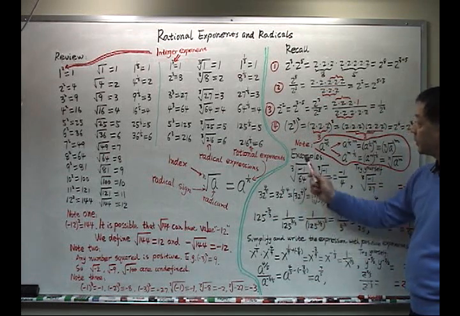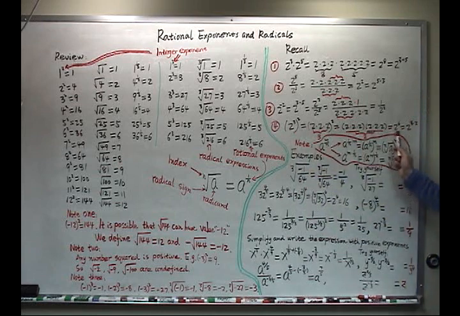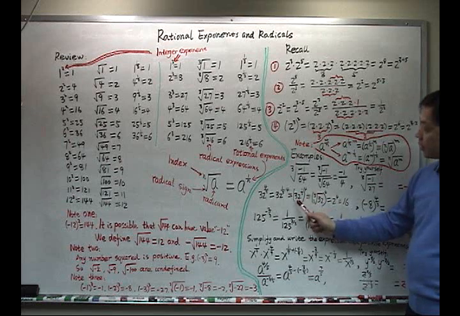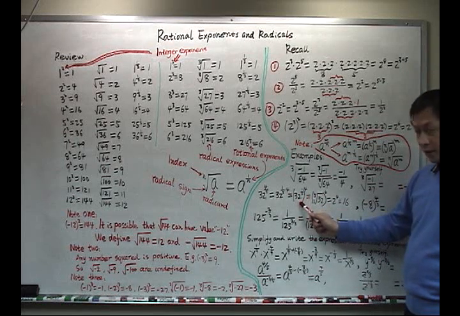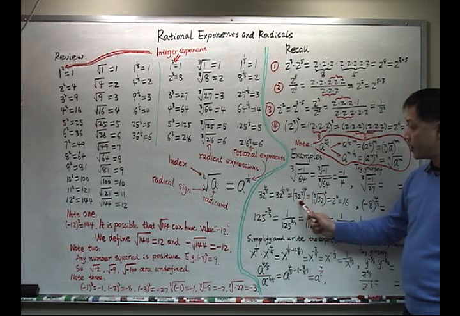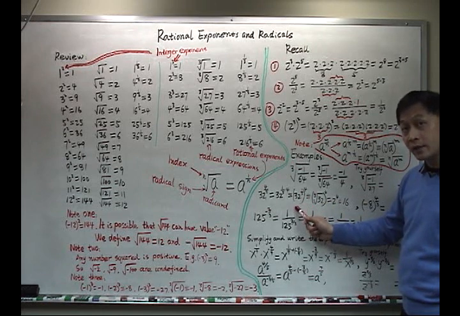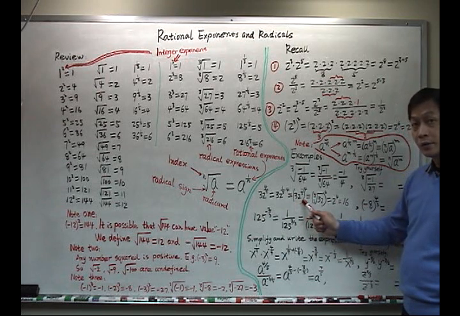It is basically based on rule 4 right here. Now, 32 to the 1/5 is actually, from 32 go back to find a number such that that number to the fifth is 32.